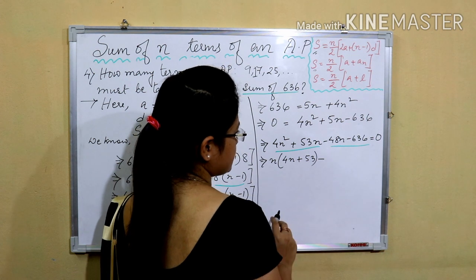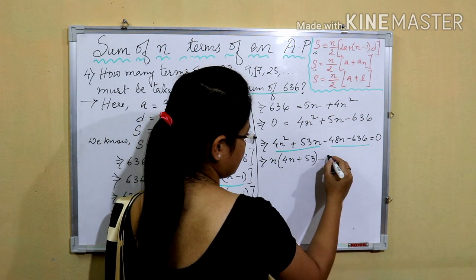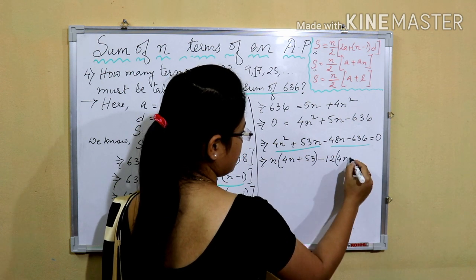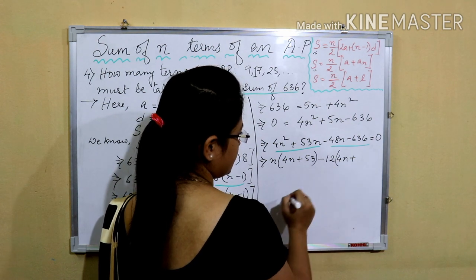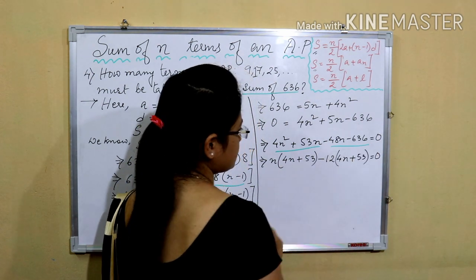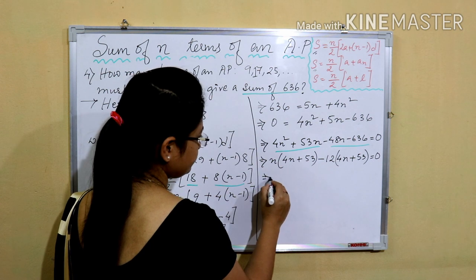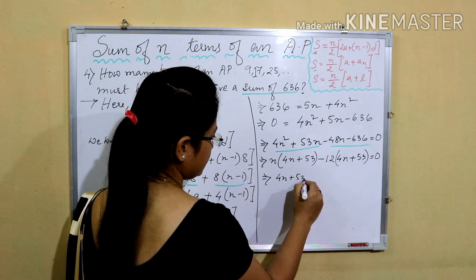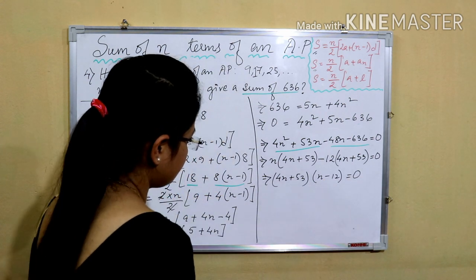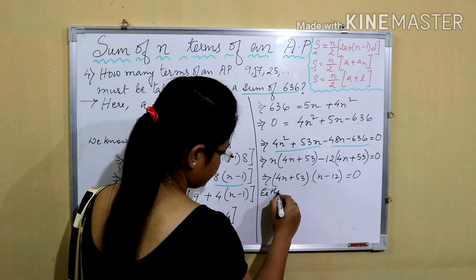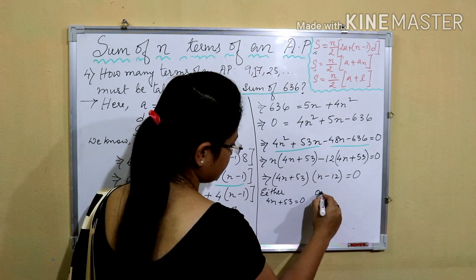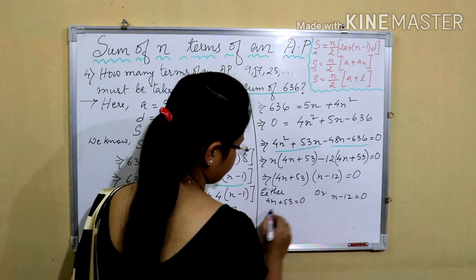Then from 48 and 636 we can take 12 common. 12 4s are 48, plus, as minus I have taken common, so plus 12 will be multiplied with 53 to give you 636. So (4n plus 53)(n minus 12) equal to 0. So either 4n plus 53 will be equal to 0, or n minus 12 will be equal to 0.